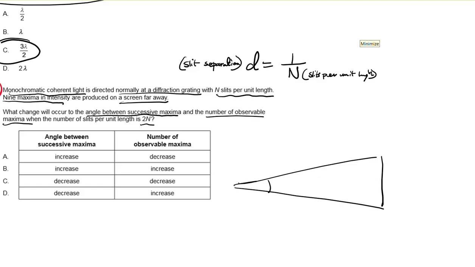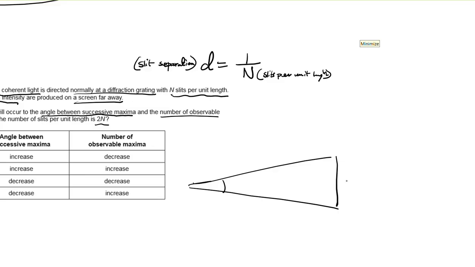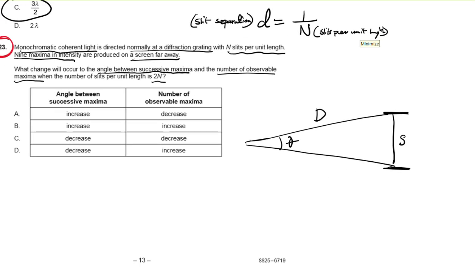It can be treated as a single source. We treat this as one maxima and this is the other maxima. We treat this as theta, and we can treat this as our distance because the screen is so far away that we can use a small angle approximation.